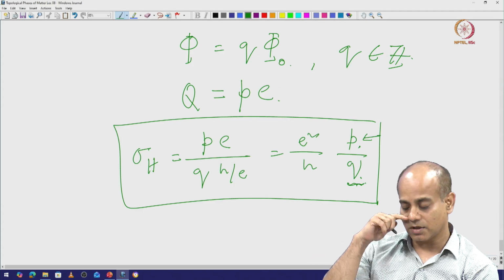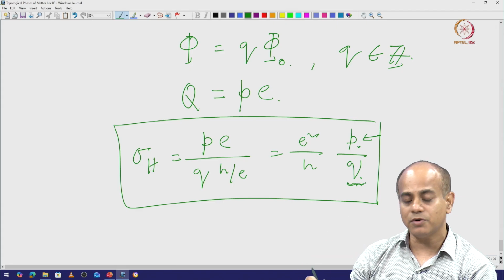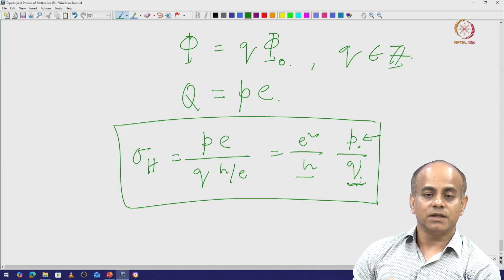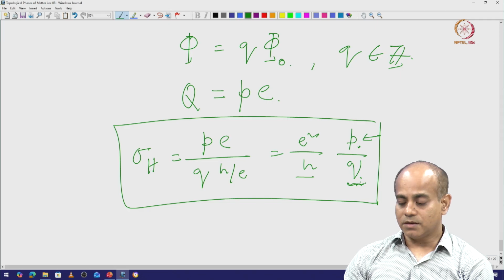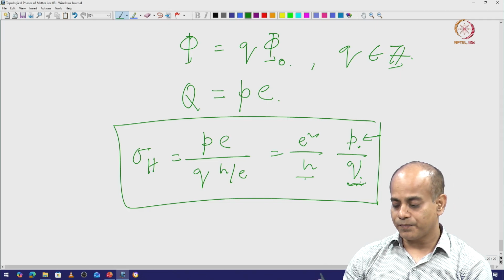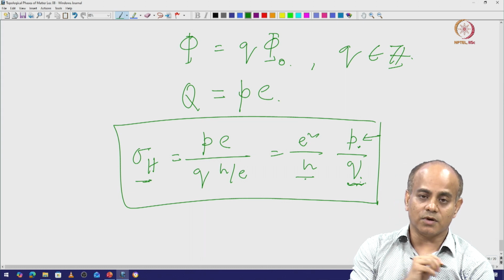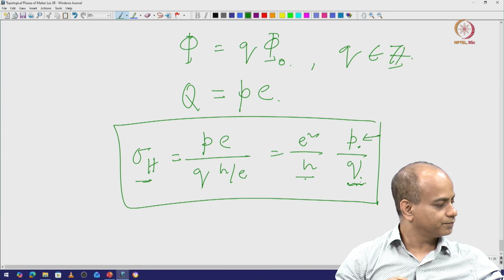So, how many electrons are being pumped to the edge per unit flux, multiplied with this conductivity quanta. This is the Hall conductivity that we are measuring. Okay.